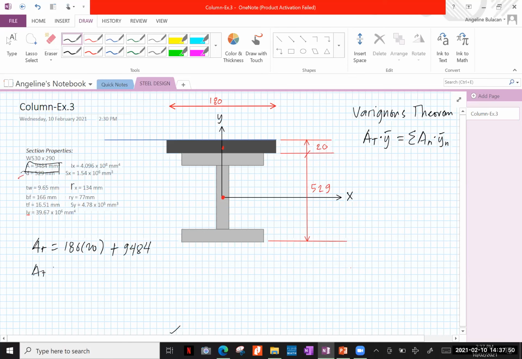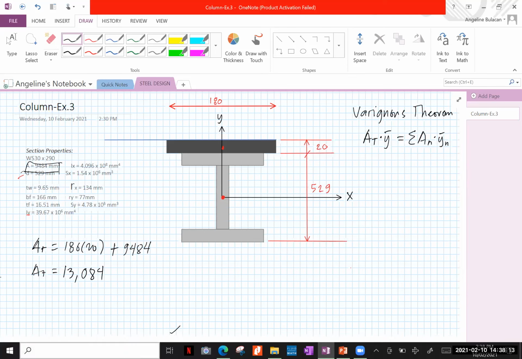So, ang area total natin is, let me get my calculator. We have 180 times 20 plus 9484. So, we have 13,084. So, yun yung area total.